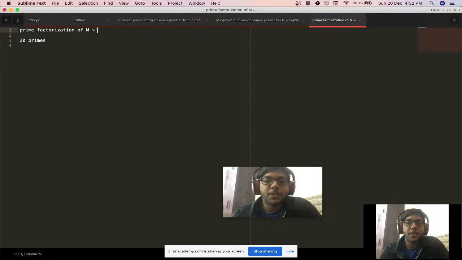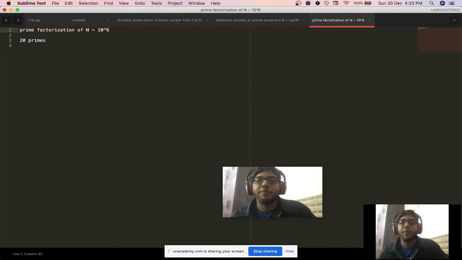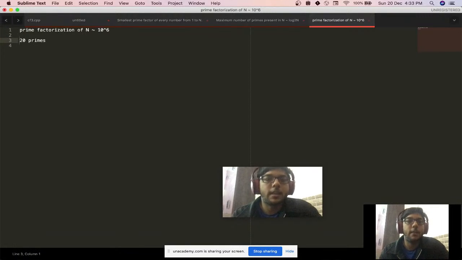If you know that there can be only five or six prime factors, then it's easier to handle future things in your code, because you know there are only a few of them, so you can do a lot of stuff in the 1 second time that you have been given. So this bound is helpful. I know that there can be 20 primes at max.